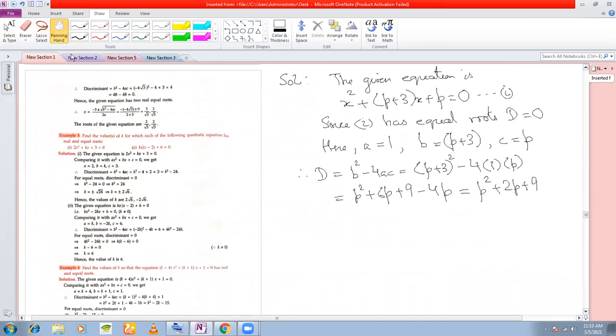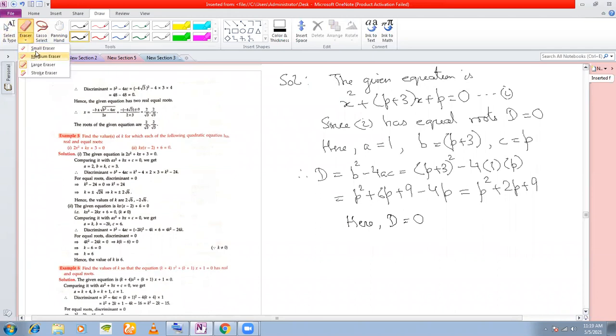So now, since 1 has equal roots, d must be equal to 0. Right. This is p minus 3. I'm sorry, this was not p plus 3. This was p minus 3. That's why this was all p minus 3. So b was p minus 3 given to you.